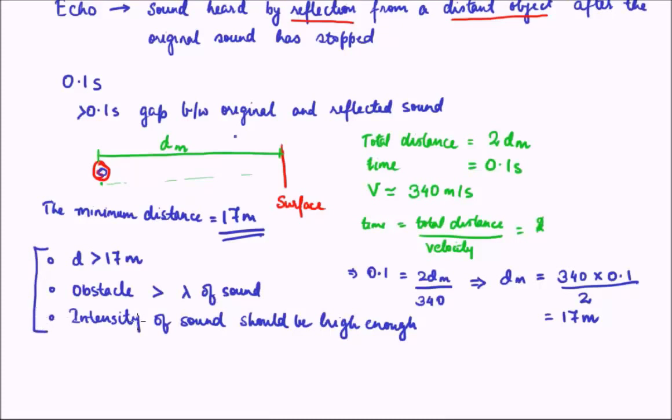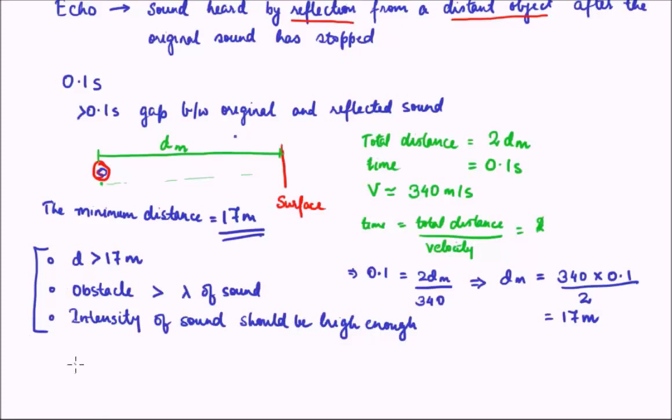Okay, now that we have seen these things, we can use the concept of echo to determine the speed of sound. How can we do that? Let me show. Suppose that we know the distance between two objects, the observer and the surface. Let me draw it out here.